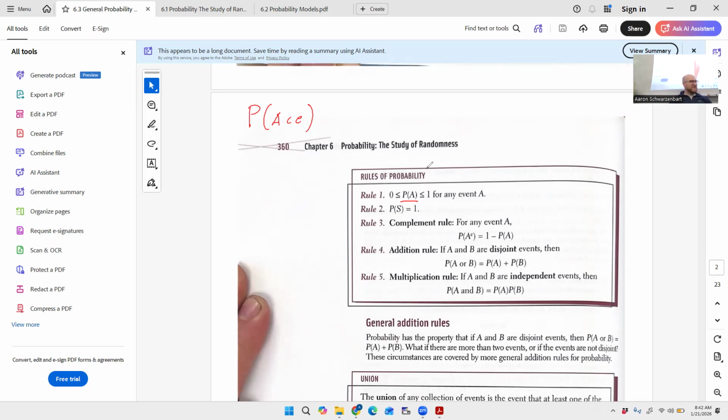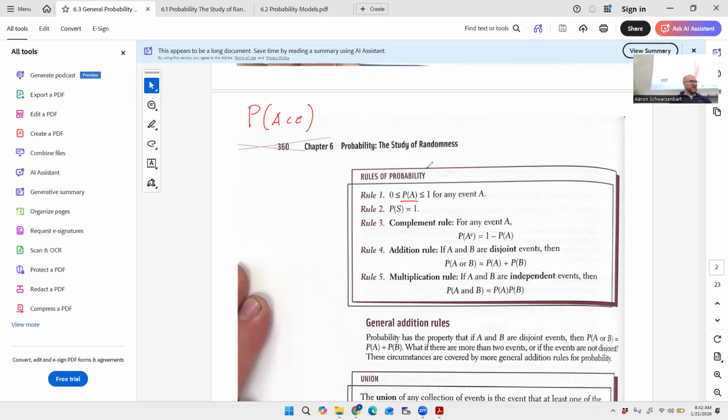Does that make sense for the first probability rule? Second one: the probability of the sample space, all possible events, is 1. The sample space would be the probability that everything that's possible, they all happen. The complement rule: the probability of a complement.